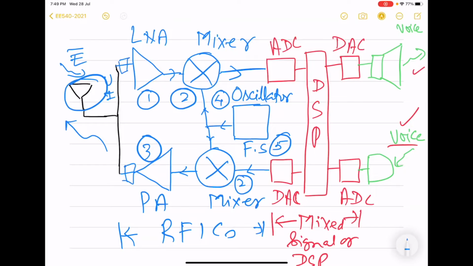Similarly, there will be a power divider or coupler, which will ensure that transmitted signal goes to the antenna, not to the receiver path. Similarly, received signal goes towards receiver, not to the transmitter path. So those components we will not discuss. We will discuss only these 5 components shown in this architecture.